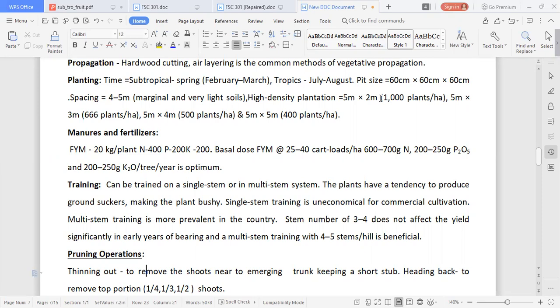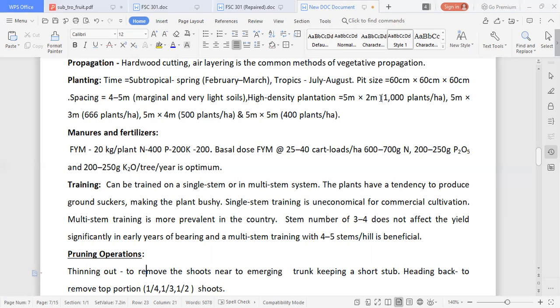So there will be so many branches or stems arising. Somewhere a single stem system is in practice, or a multi-stem system. In most of the places, 3 or 4 stems will be maintained. Plants have the tendency to produce ground suckers also. These are good stems, but apart from that, some suckers will also be there.